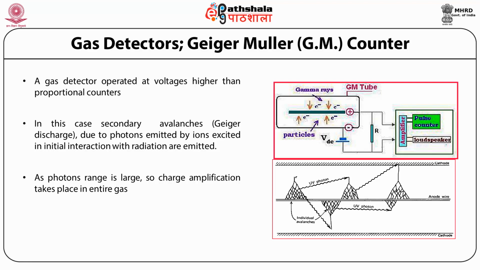Here on the right hand side, a picture of a GM tube is given showing how the GM tube works, and at the bottom the production of avalanche is shown. The avalanche created in the entire tube is created close to the anode wire, where the electric field is highest.